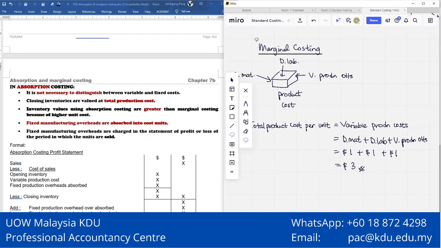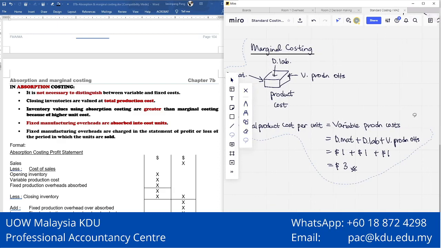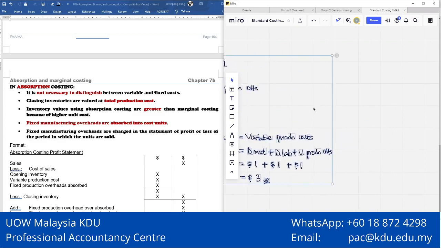Can I just copy all this so I no need to write another round? Control C, put it this side.